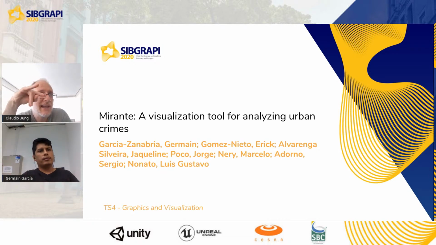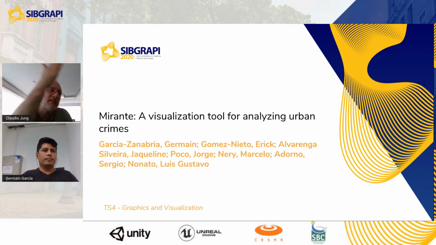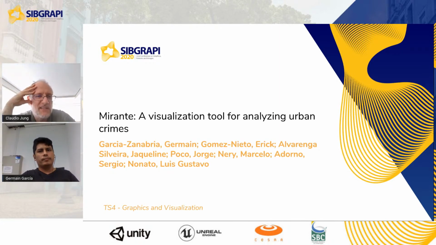Okay, but if it's exactly in the middle of the edge, at the same distance from the corners, sometimes maybe you push it to one corner and sometimes to the other one, right? Yeah, that's right. Did you notice any kind of effect? It's probably not an issue, but... I didn't notice that.